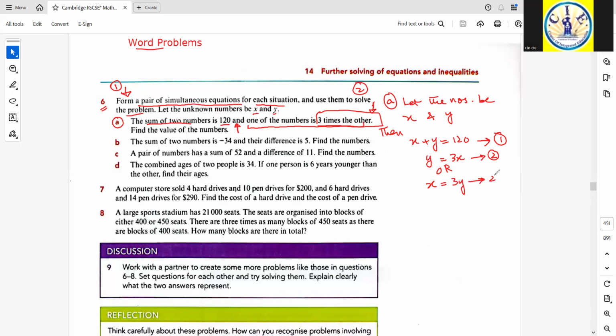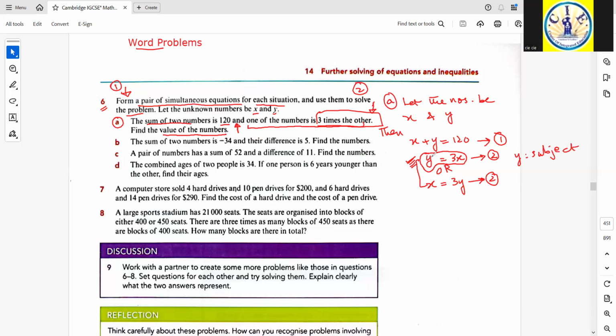So that could serve as equation number 2 as well. This condition is applicable in both of these senses. We need to find the value of the numbers x and y. So let me take the first form of equation number 2. We can see that y has been expressed in terms of x, or we can say that y has been made the subject.